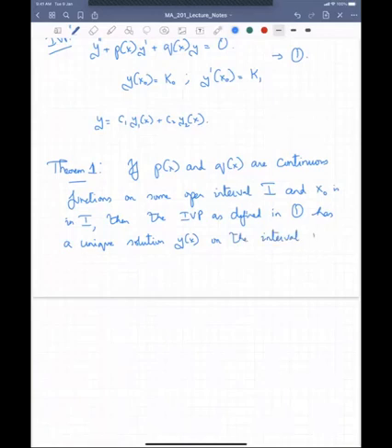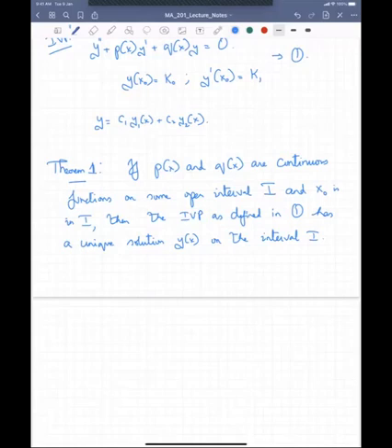And you will notice that this is much simpler than what we had in the case of first order differential equations. Remember in the case of first order differential equations that the existence was guaranteed by the continuous function p of x and uniqueness was only guaranteed if I write the differential equation as y prime equals f of x y, if df dy was also continuous and bounded.